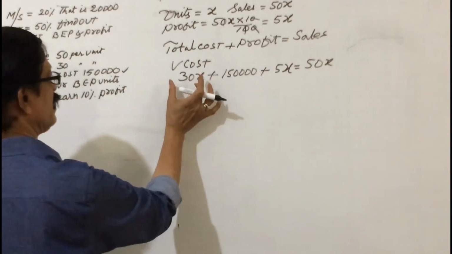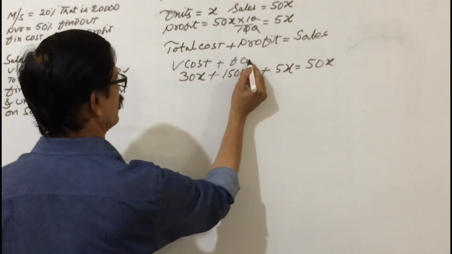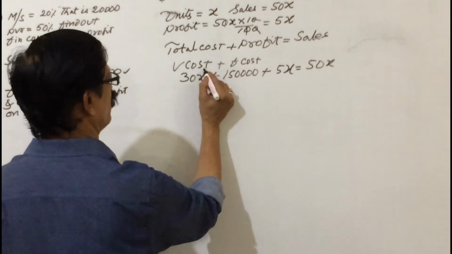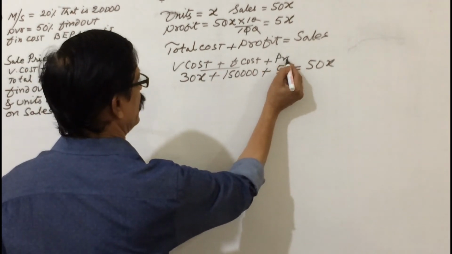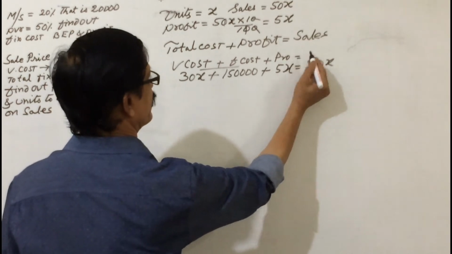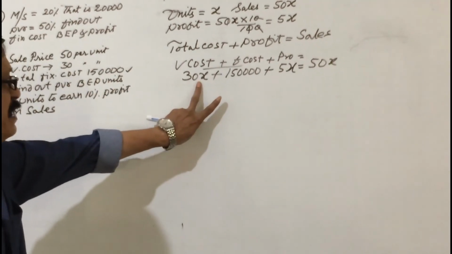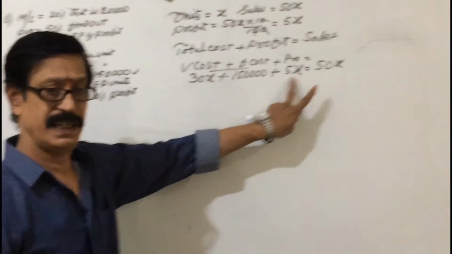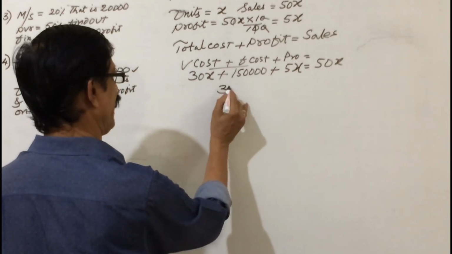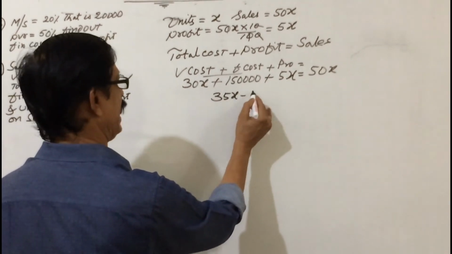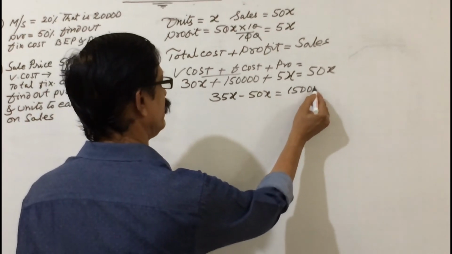This is only called variable cost plus fixed cost. This is called total cost plus profit is equal to sales. Understanding? 30 plus 5, 35x minus 50x, that is equal to 1,50,000.